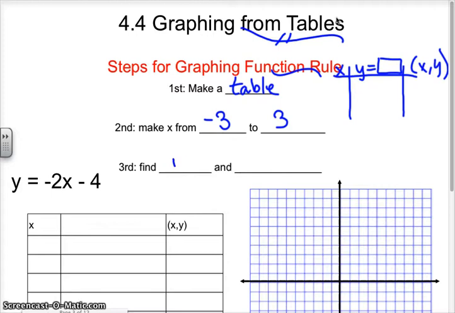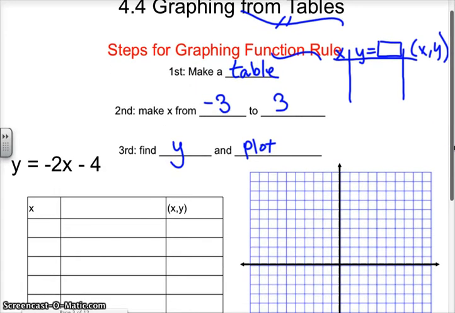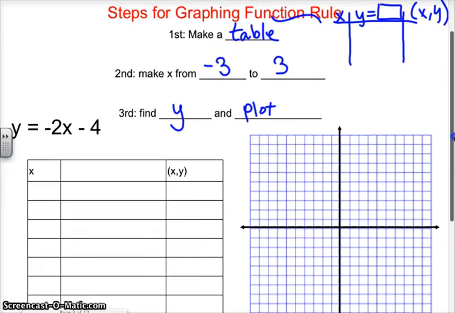And you are going to find your y and then plot the points. Find y and plot points. So, graphing from a table: you make your x's go from -3 to 3, you find your y's, and then you plot the points.